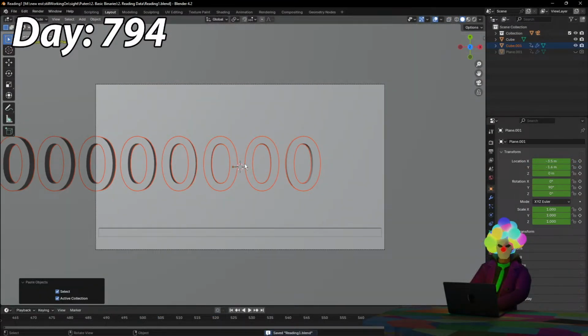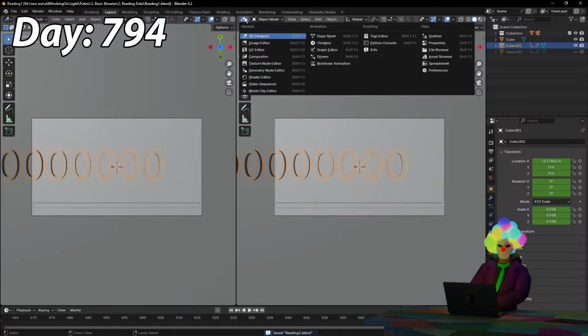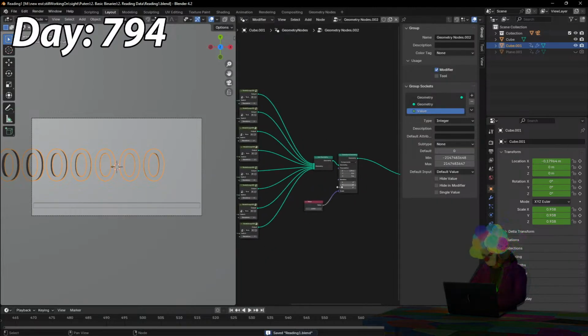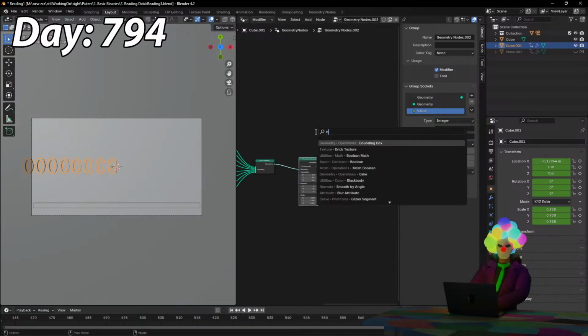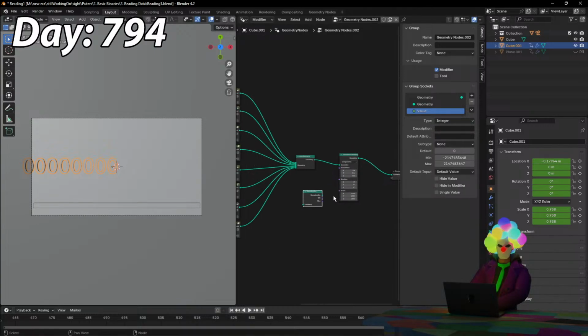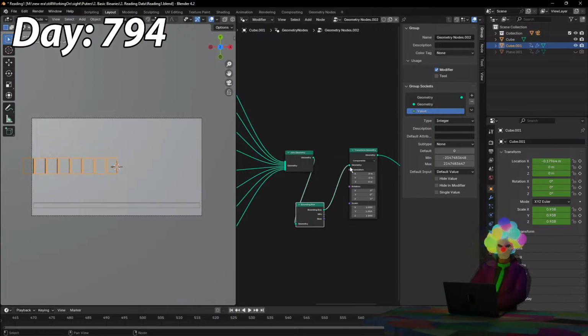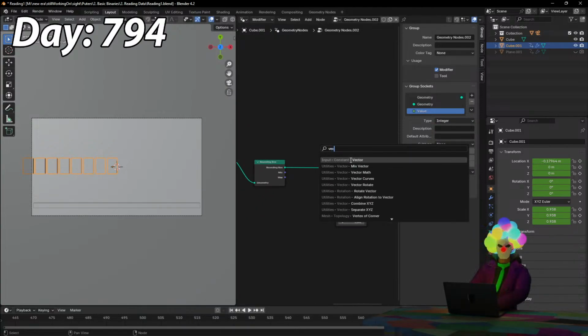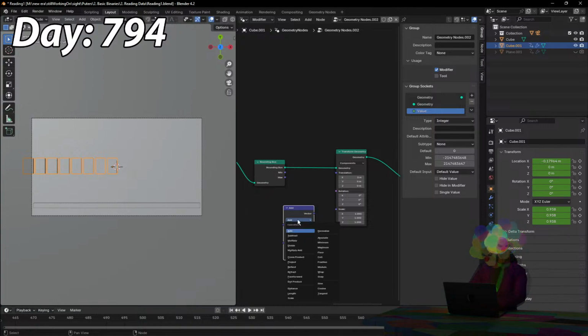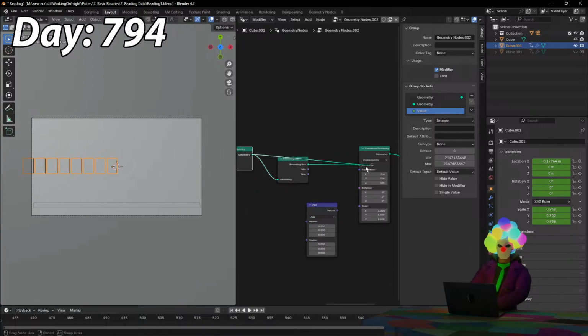Here is a number. Now, instead of moving it in an arbitrary way, we would like to move it to the center, which means bounding box, if I'm not mistaken. I think that could do the trick. I'm pretty certain. And then vector math, subtract. Wait, no, what am I doing? This should go here, I'm an idiot.